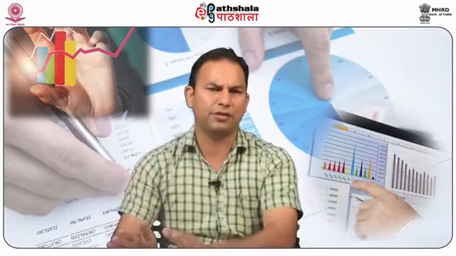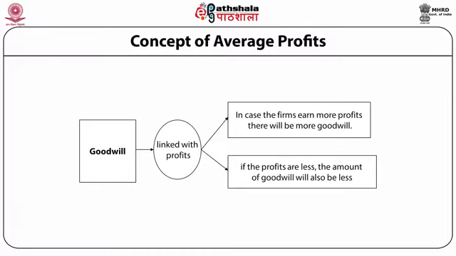The profits are not earned by business uniformly because business passes through different stages which have an effect on the earning capacity of the business. This figure shows that goodwill is linked with profits, and if the firm earns more profits than other firms, there will be more goodwill, and if the profits are less, the amount of goodwill will also be less.